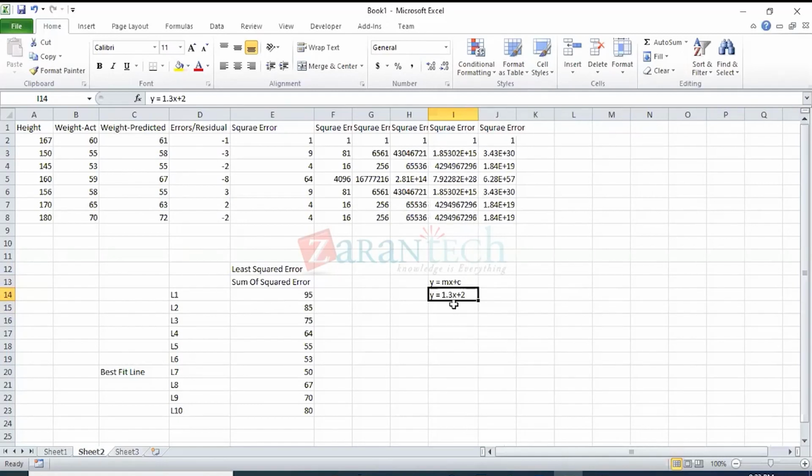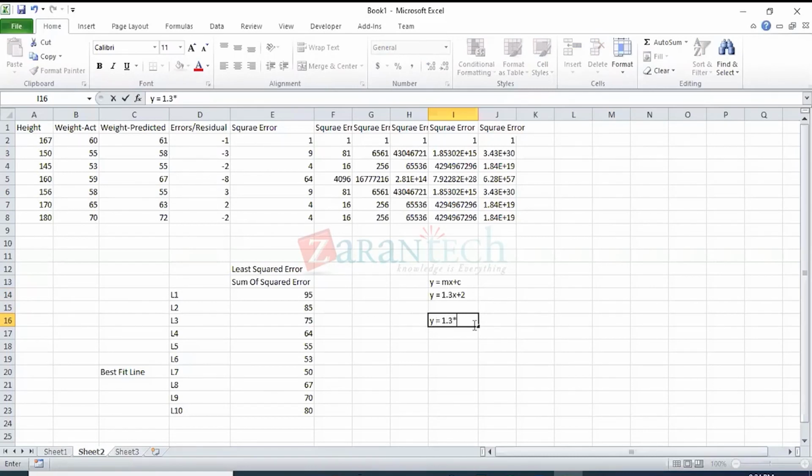Suppose I want to predict my weight for a particular height. I can simply use this equation now, right? So y is equal to, I don't know the value of y, so y is equal to m, which is 1.3, into whatever height you want.